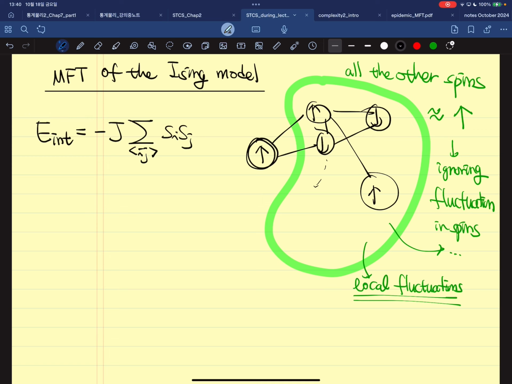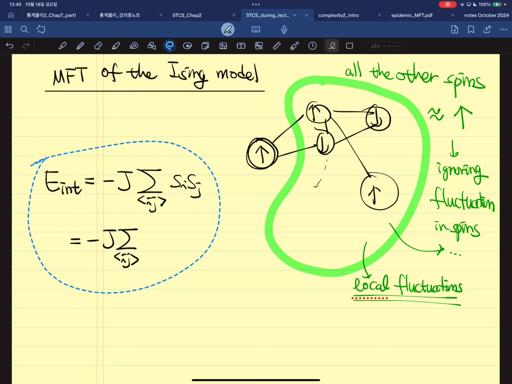So let's just expand this as minus J. It is exact so far.